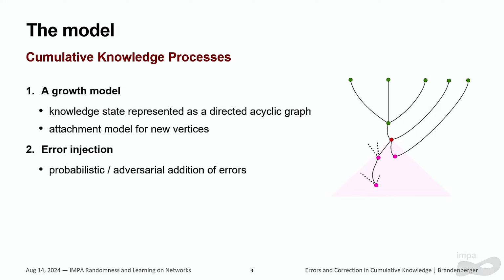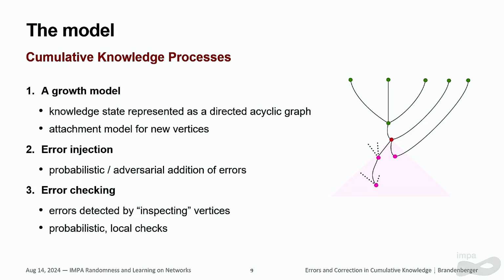Then you have some error injection, where at every step you could potentially introduce an error. And we allow for either probabilistic, so with some small probability you make a mistake, or some adversary could also act with small probability. And we also have some sort of error checking mechanism. Because suppose you didn't have any checks, right?